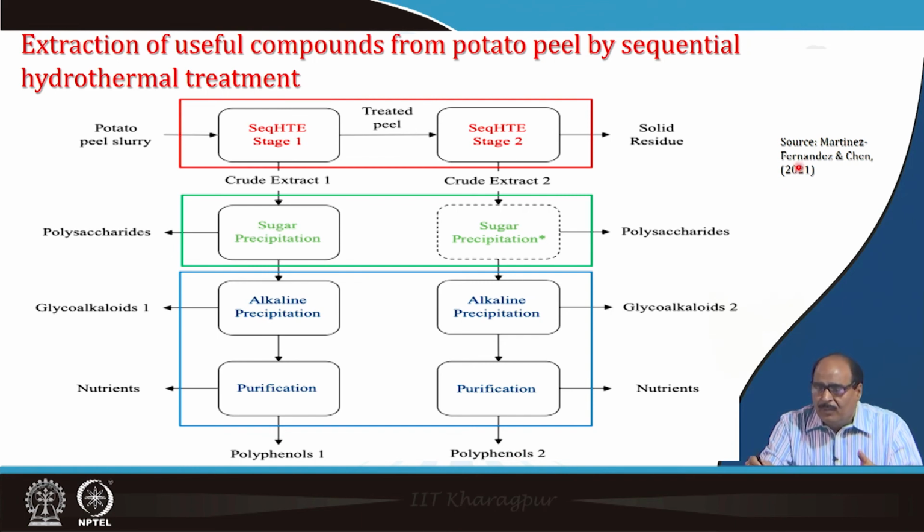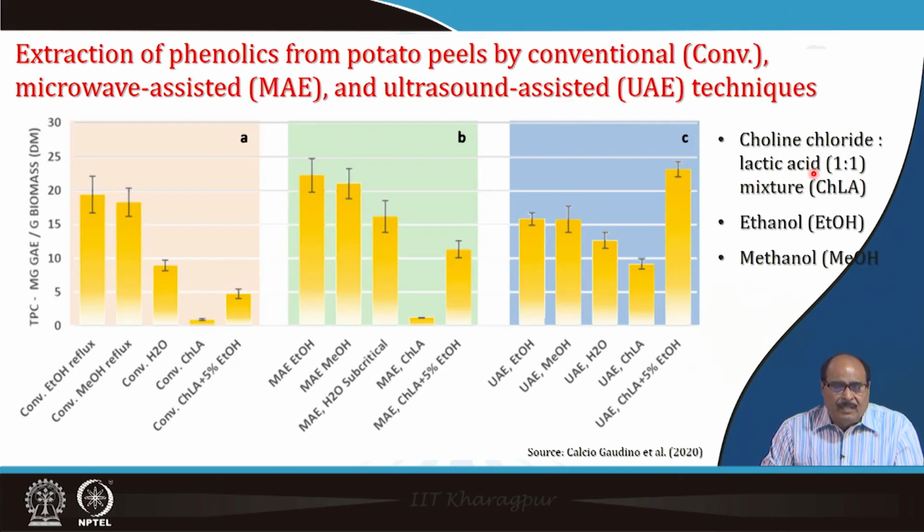If you are interested, you can read this paper further and learn more about it. But the thing which I am trying to tell here is that, using appropriate methods, processing technology and process parameters, these valuable components with specific characteristics can be obtained from these peels and waste.